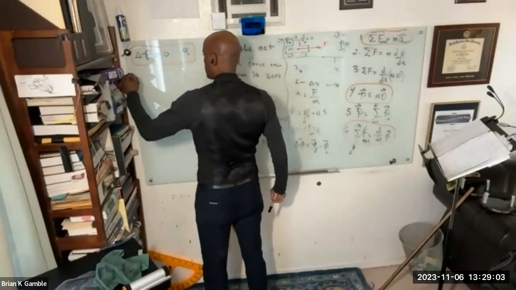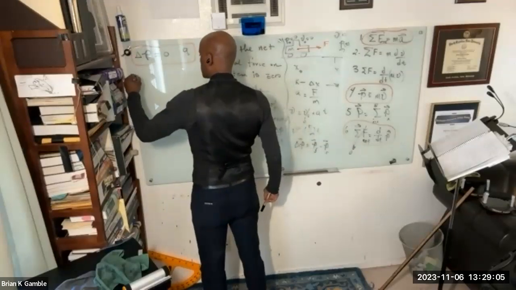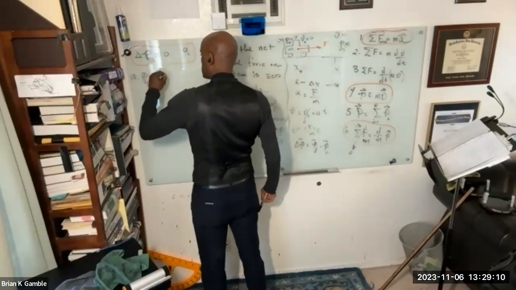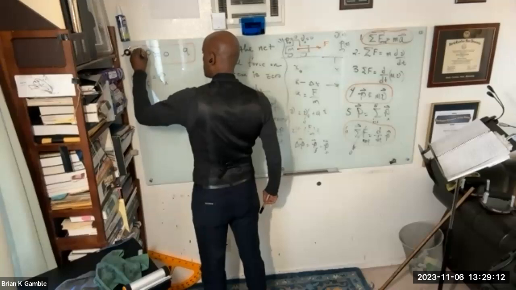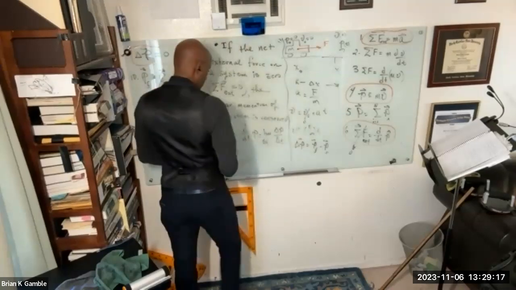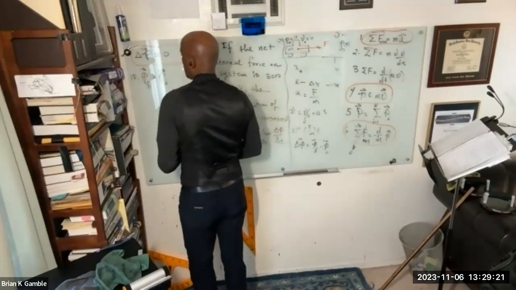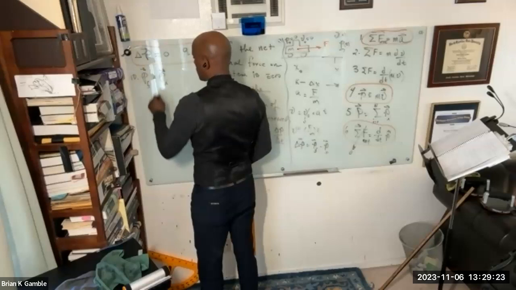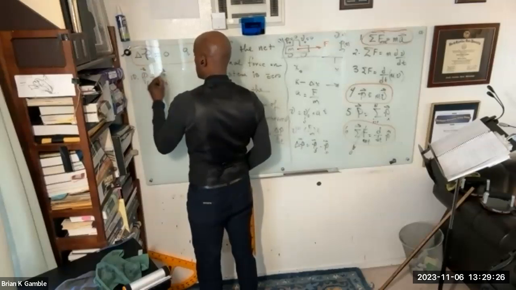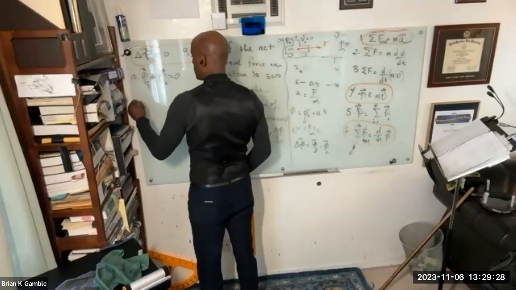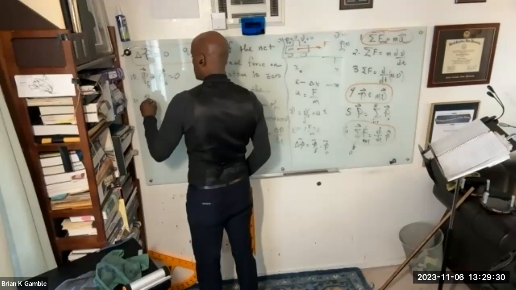Or you could say that P final equals P initial, with the vector symbol. I could deal with the magnitude, or I could write P final minus P initial equals zero, and then finally P initial equals P final.